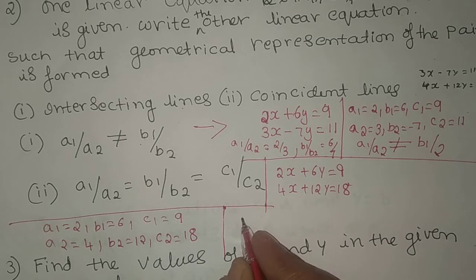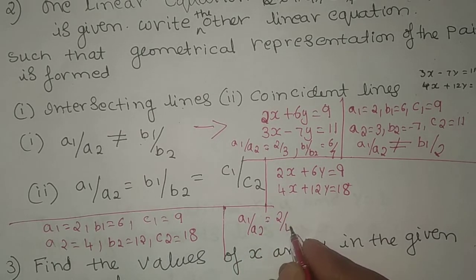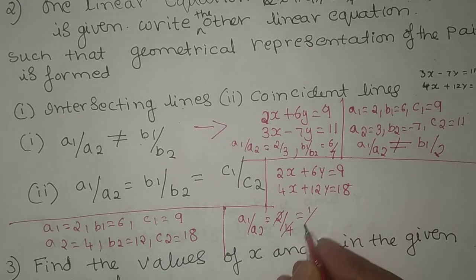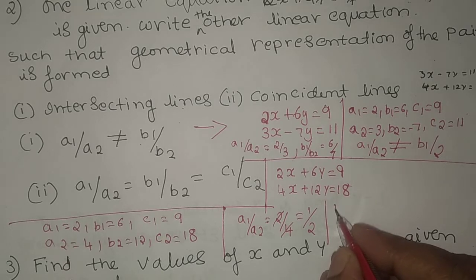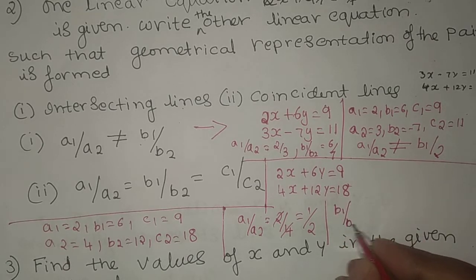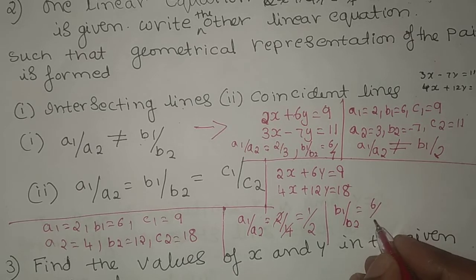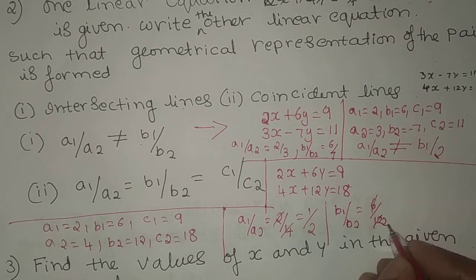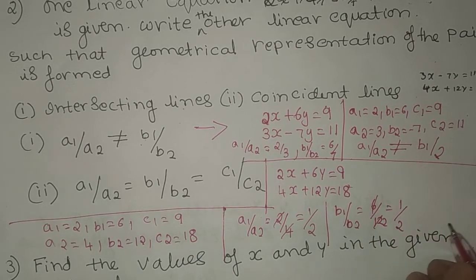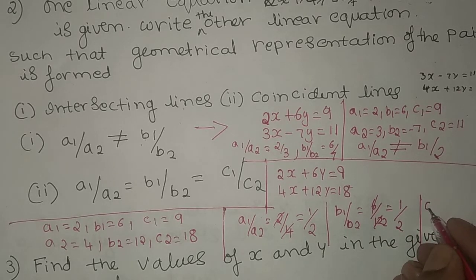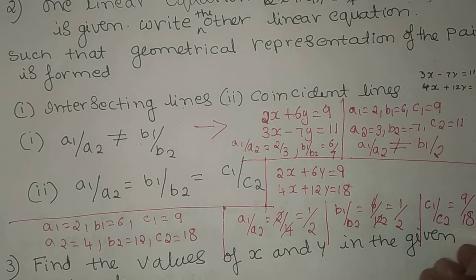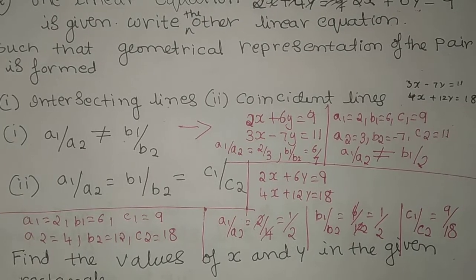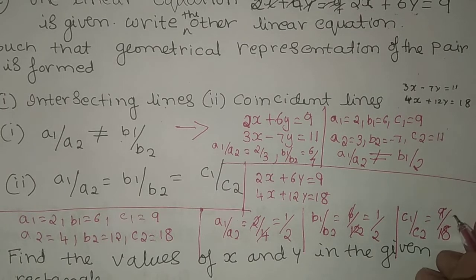After this we see A1 by A2, which is 2 by 4, that is 1 by 2. Next, B1 by B2 is equal to 6 by 12, which is 1 by 2. Similarly, C1 by C2 is equal to 9 by 18, which is 1 by 2.